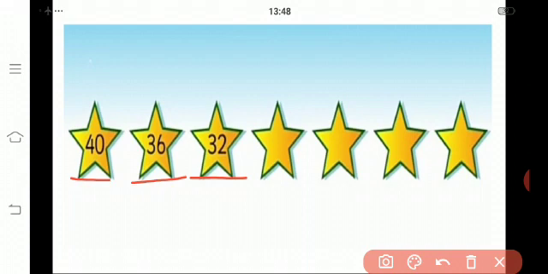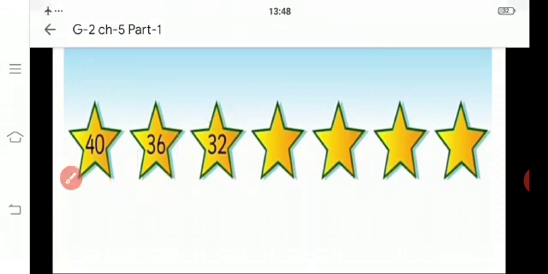Then if we compare 36 and 32, which is greater? 36 is greater than 32. Is the pattern going in decreasing order? Super children, your answer is correct. The pattern is going in decreasing order.